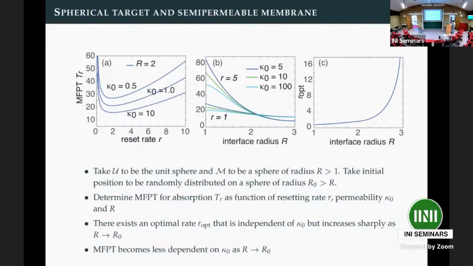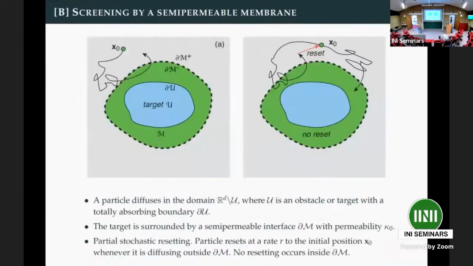So let's go back, put some numbers to these things. So let's imagine a spherical domain. I start off, x0 is on a sphere of radius r0. The semi-permeable membrane is a sphere of radius r1, and the target's a sphere of radius R2.